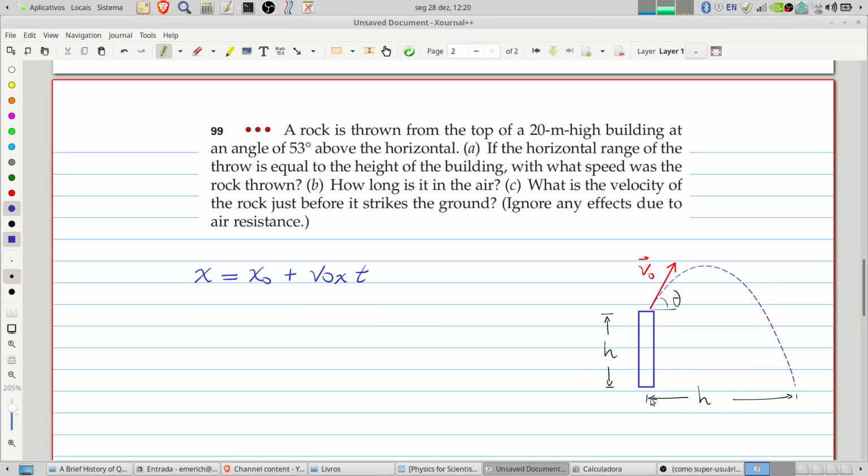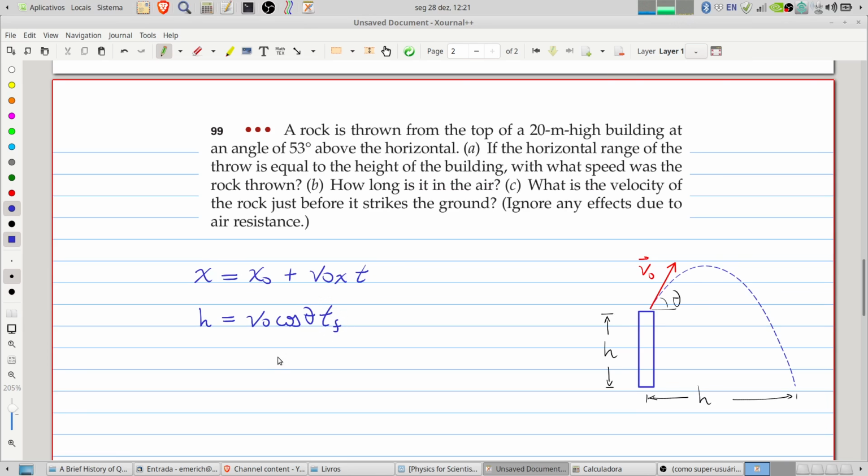If you consider the total displacement in the x direction, we can write that h equals the initial velocity in the x direction. It's necessary to project this v0 with the angle theta, theta equals 53. So we'll have v0 cosine of theta, this is the initial velocity in the horizontal direction, times the total time.